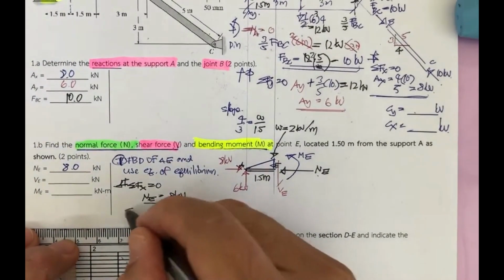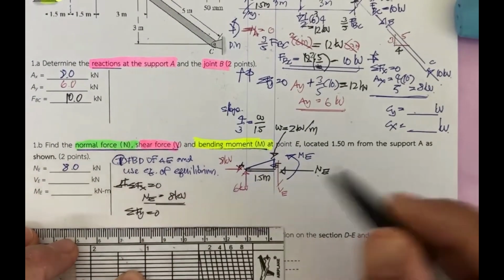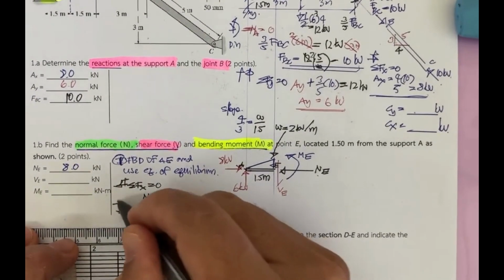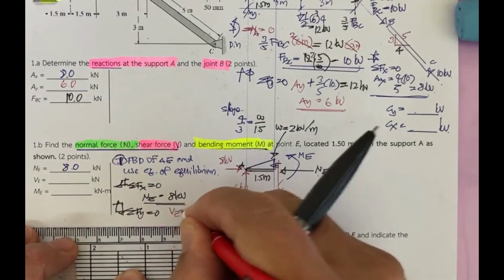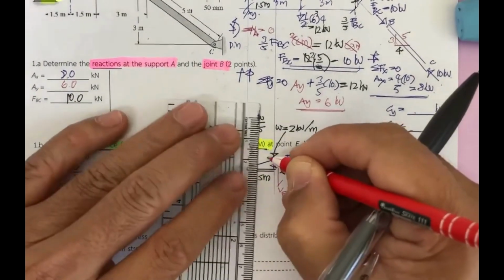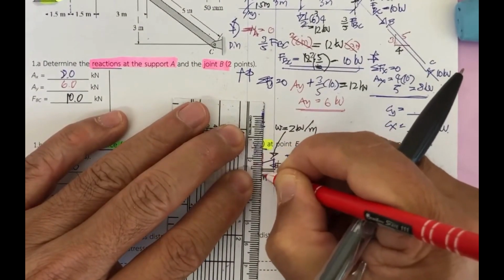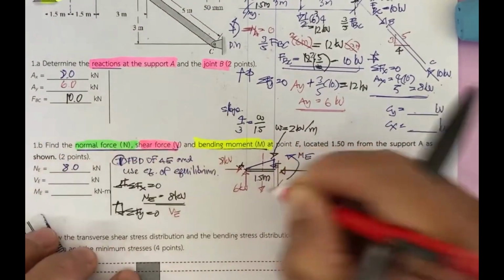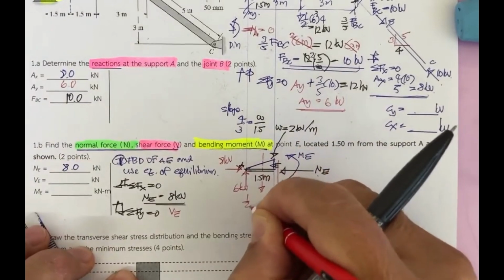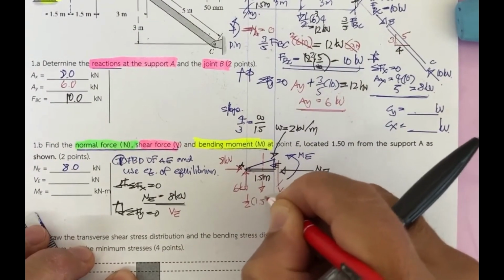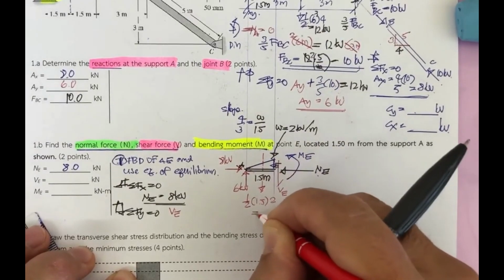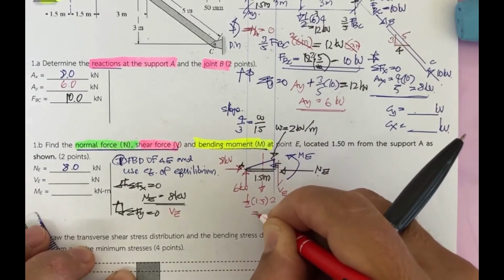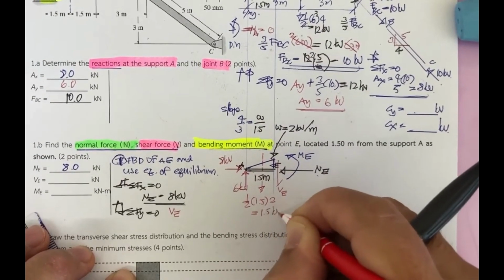And then if you do the summation of F sub y equal to 0, V sub E is downward. The force here also needs to have the resultant. The resultant of this is going to be 1/2 of 1.5 times 2, which is 1.5 kilonewton.